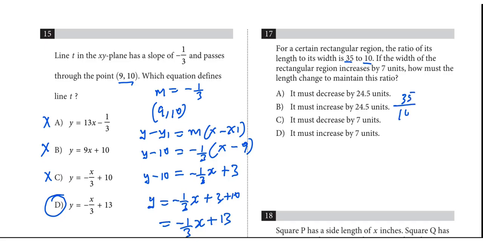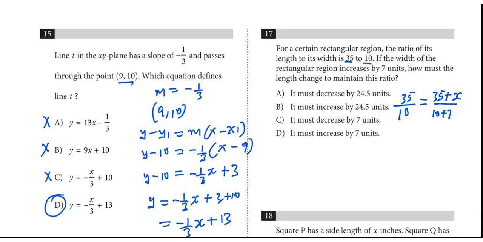Let's write that in as a fraction, 35 to 10. And if the width, which is the denominator, increases by 7, this will become 10 plus 7, and then 35 plus the value which is not known. Let's use X to represent that.